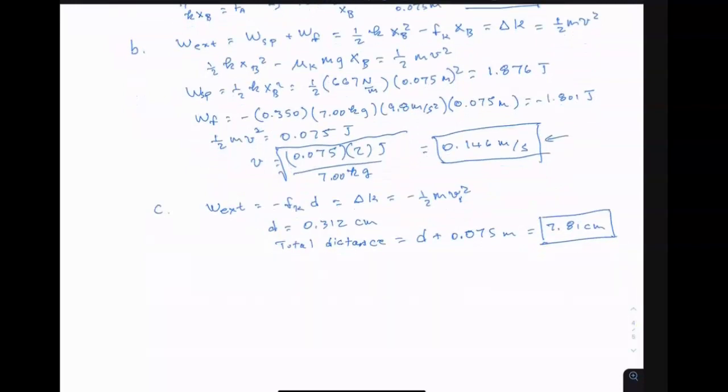Alternatively, you can start with the block of wood in the compressed position. In that case, its initial kinetic energy is 0, and the final kinetic energy is 0. So the work that's being done is the work done by the spring plus the work done by the friction over the total distance.